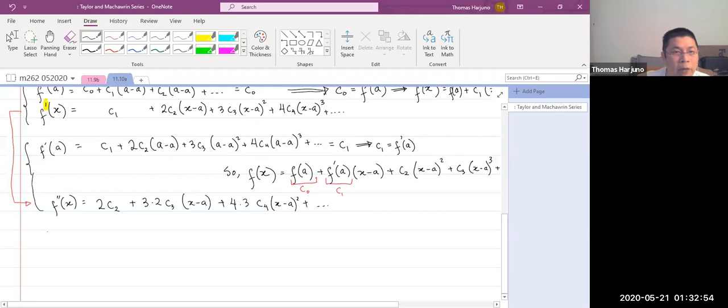Now I will replace the x by a. Therefore, my c2 equals f double prime a over 2.